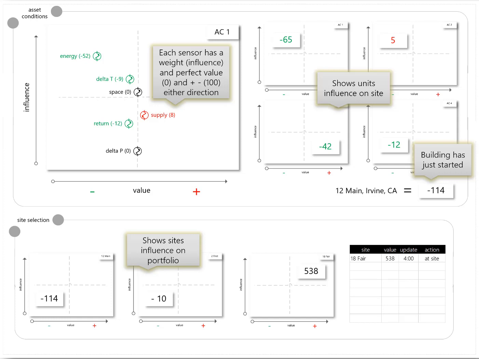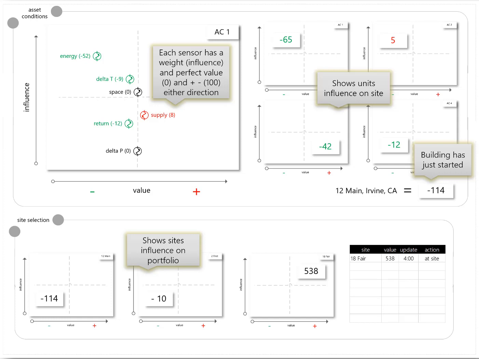So we see that 12 Main and 2 First Street both have lower influence than does 18 Fair. And coincidentally, if we look at the small Excel graph inserted, we see that 18 Fair had a score at 4 o'clock this morning of 538, and that the last time this was updated, somebody was on site.